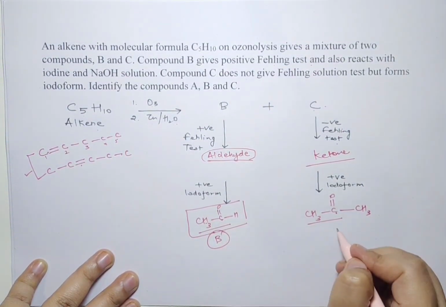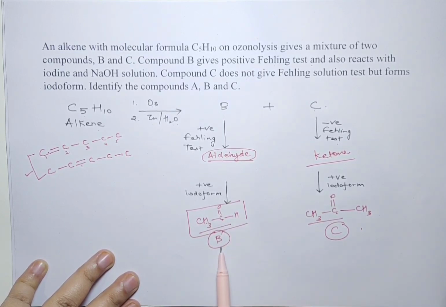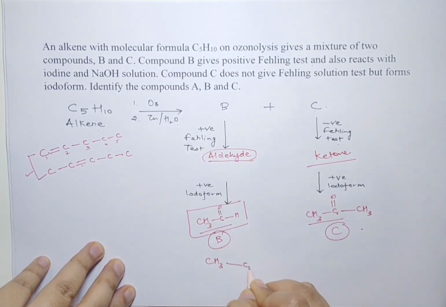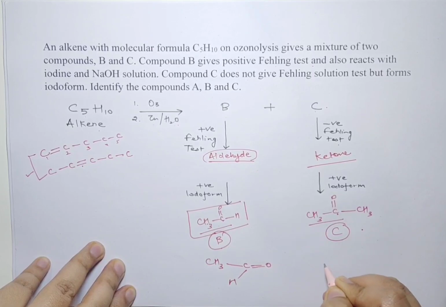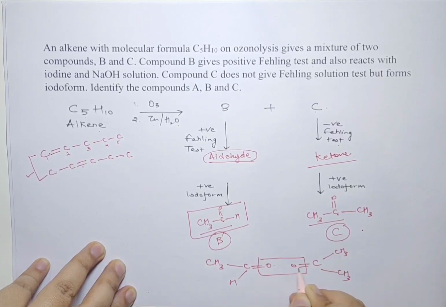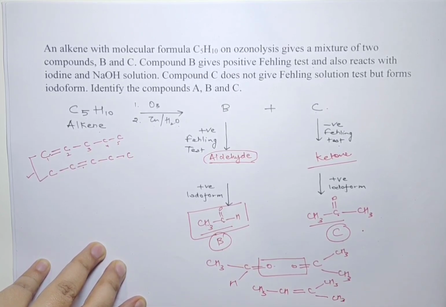So this is your C. Acetaldehyde is your B, acetone your C, and the alkene would be then CH3, CH, and CH3, CH3 here. Remove these two oxygens and you get this as your alkene.